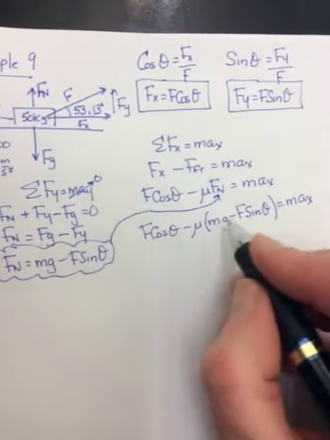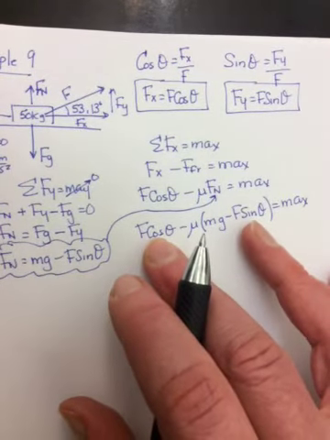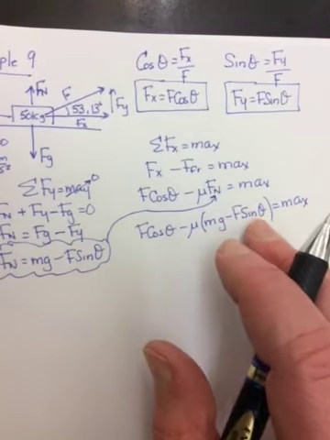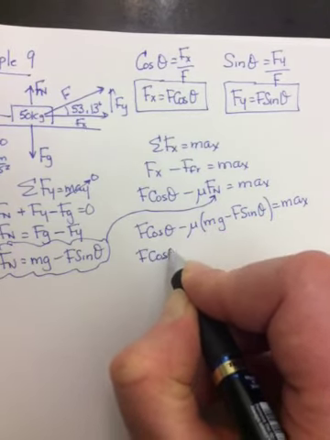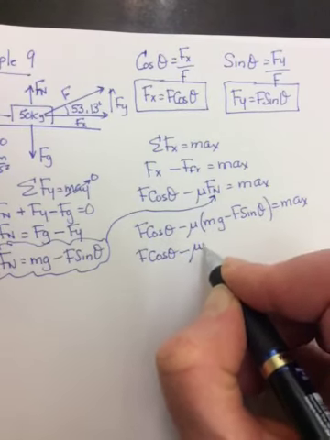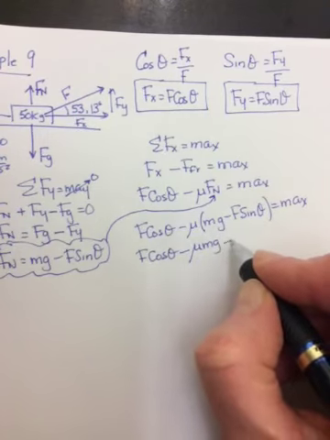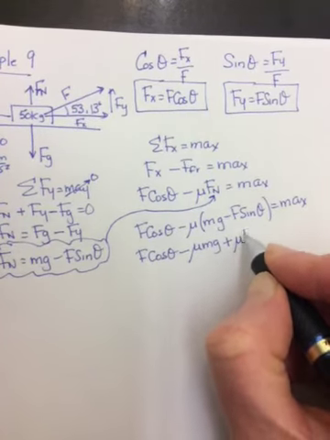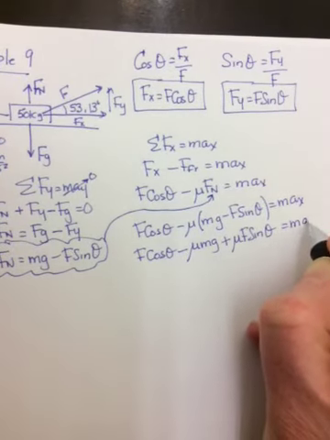Okay, so now you have two terms with the unknown in it, two terms with F, but one stuck inside a bracket. So you need to expand the bracket, multiply through by the negative mu, so it becomes minus mu mg, and then minus mu times minus F sine theta becomes plus mu F sine theta is equal to max.